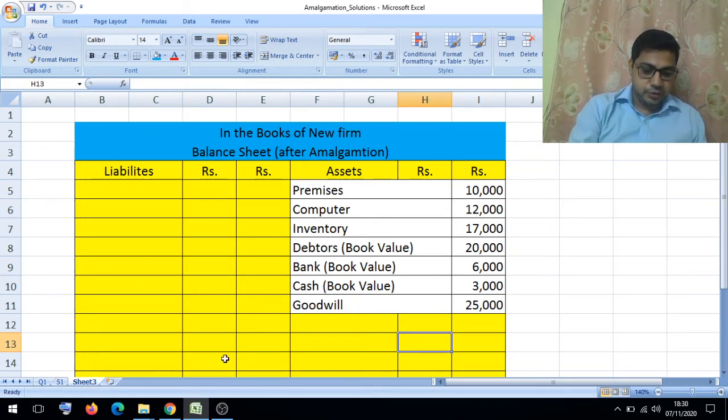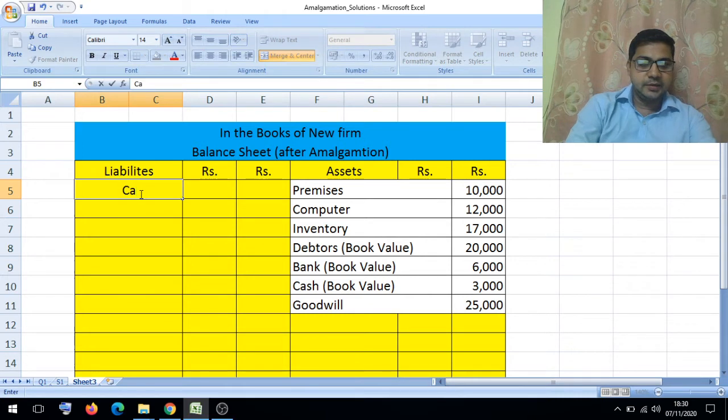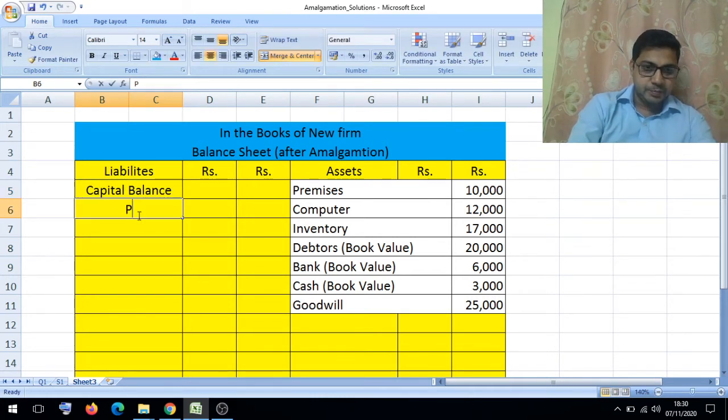Then after that we have to consider the liability side. On the liability side we write the capital balance. Under capital balance we consider Prem, then Anil, then Raj and Shyam.